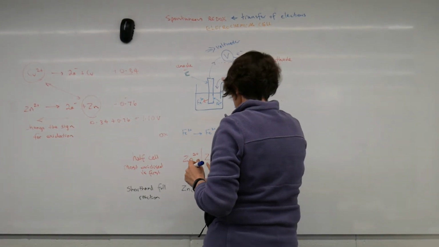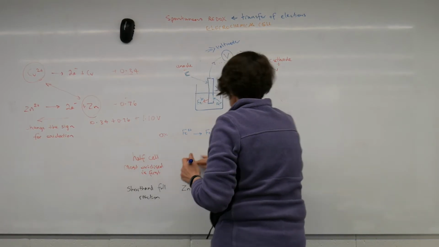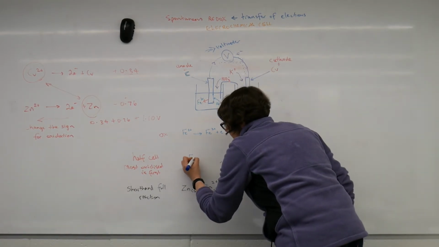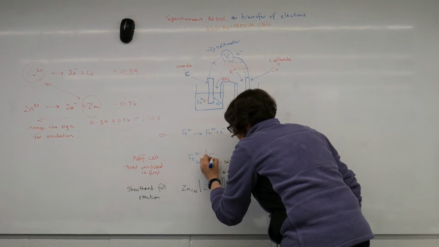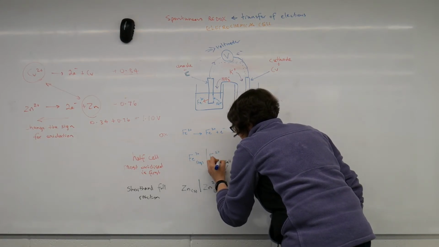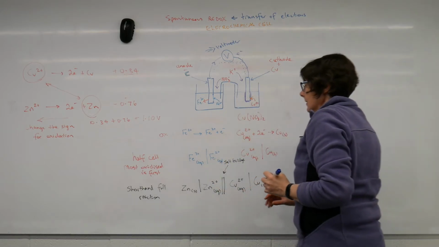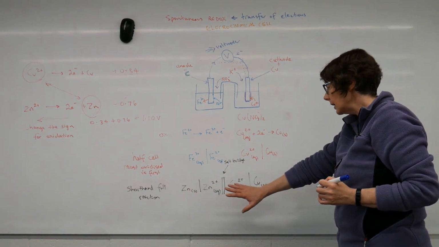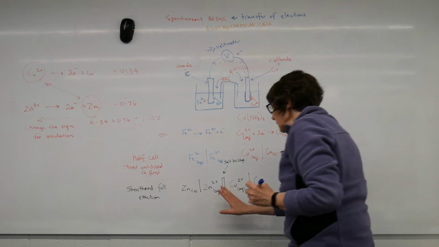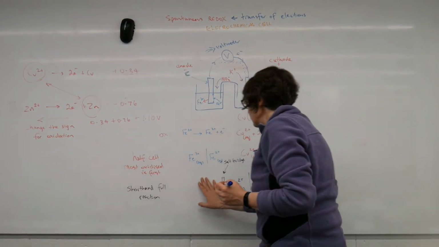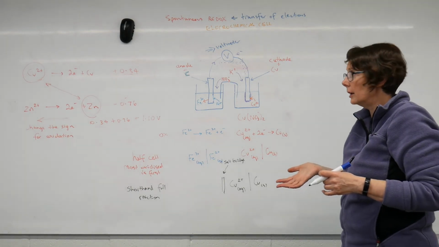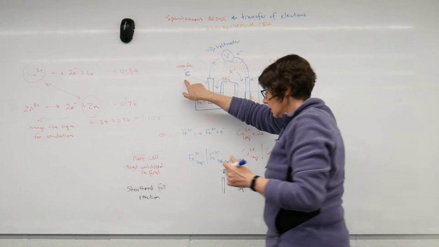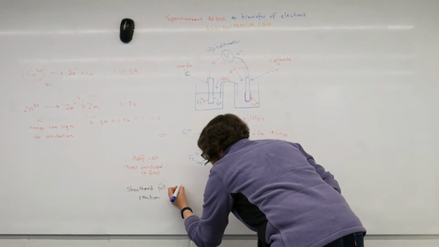My half cell then would be Fe3+ | Fe2+. And my shorthand notation means that I now have to indicate that I'm using an inert electrode. And so I write that first.